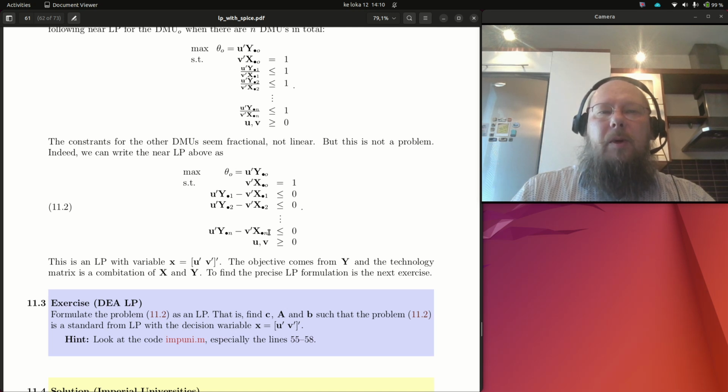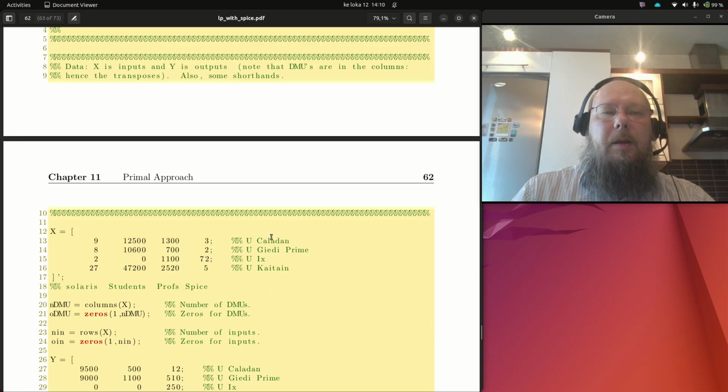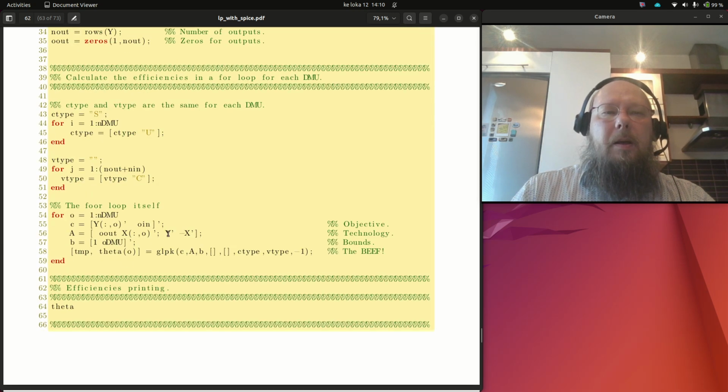Sorry, not these inequalities. So this block here is this block here.